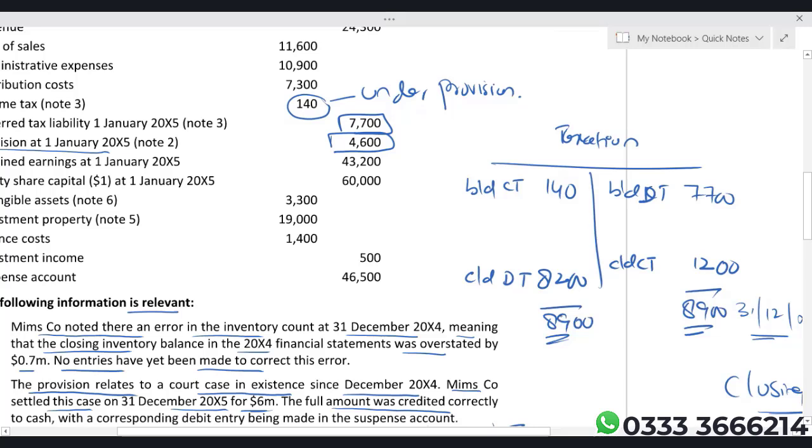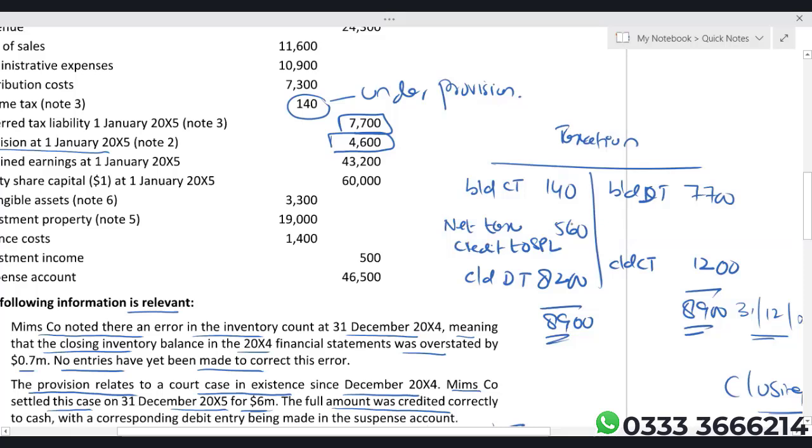So let's see how much will be credited to the statement of profit and loss. Net tax credit to statement of profit and loss, the balancing figure: 8,900 minus 8,200 minus 140. I'm getting 560.